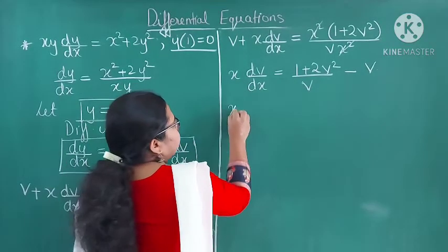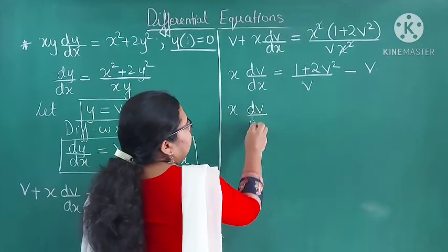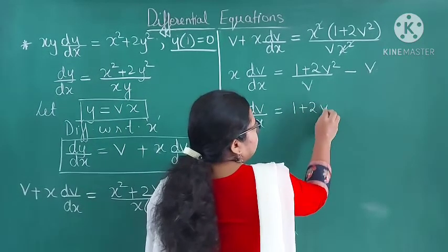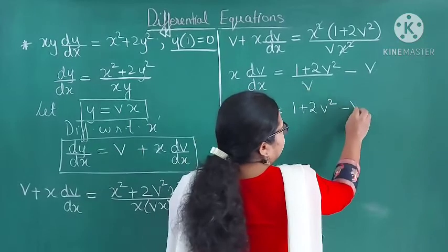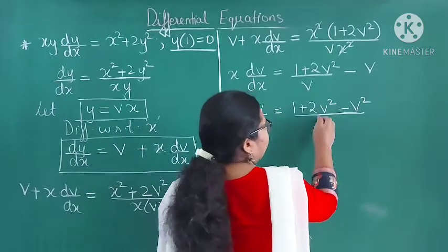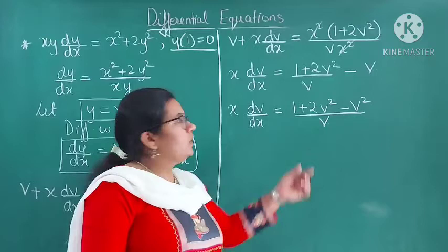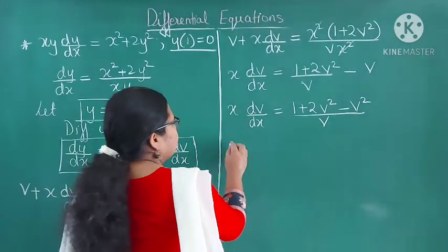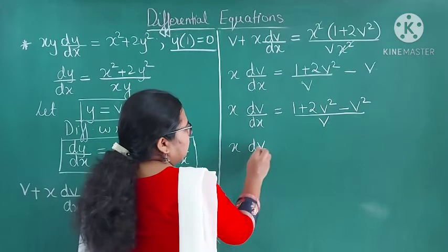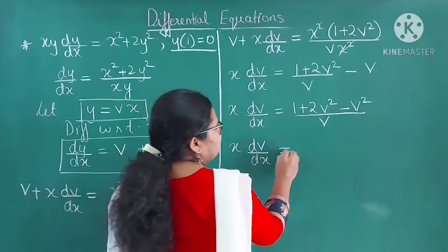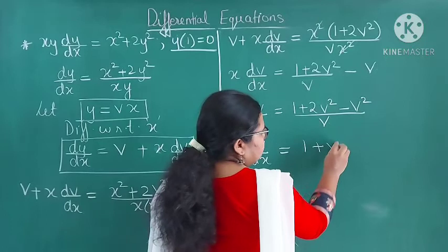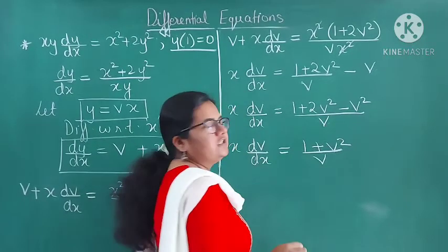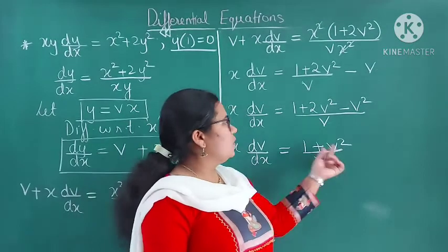So x dv upon dx is equal to 1 plus 2v square, v into v is minus v square upon v. 2v square minus v square is v square. So you have x dv upon dx is equal to 1 plus v square upon v. You can say 2v minus v square. So 2 minus 1 is 1.